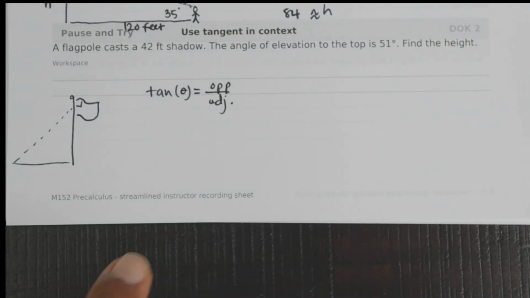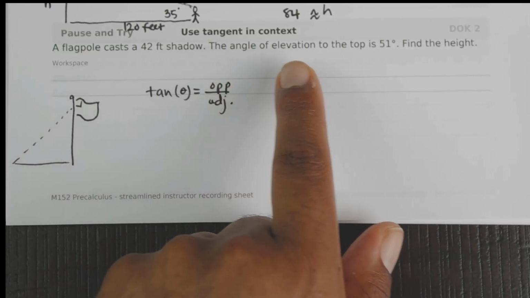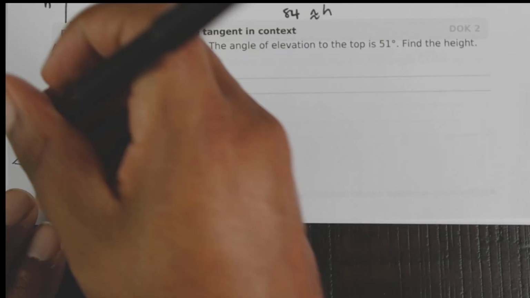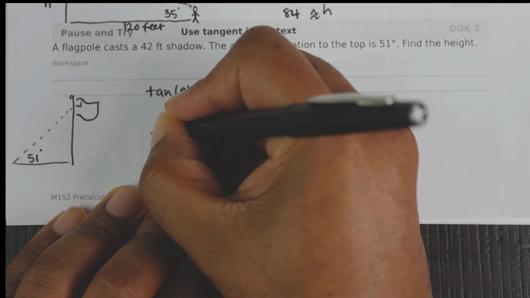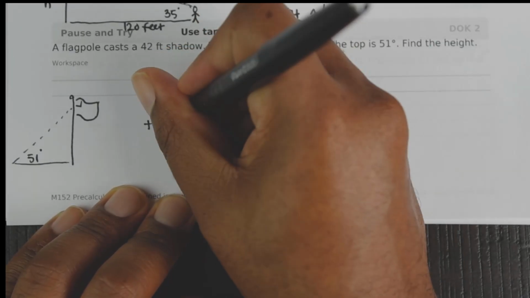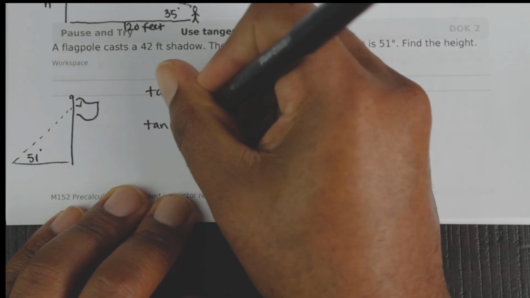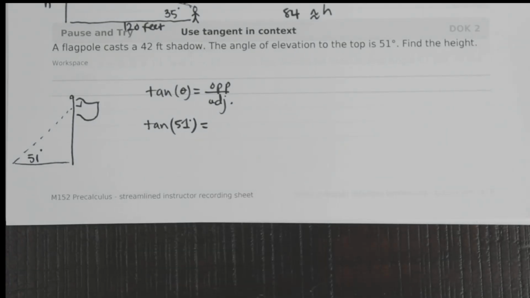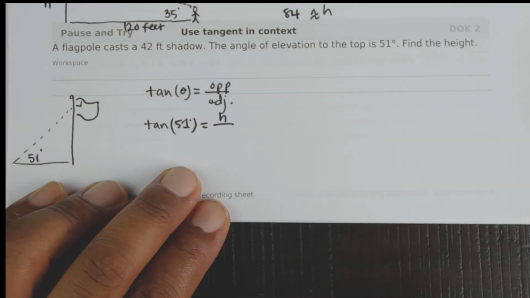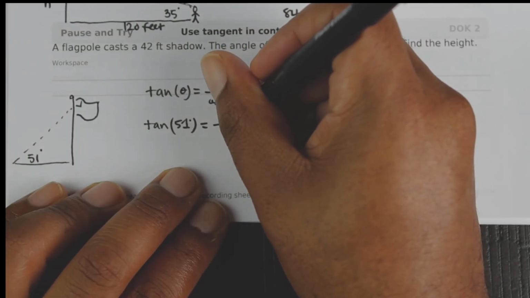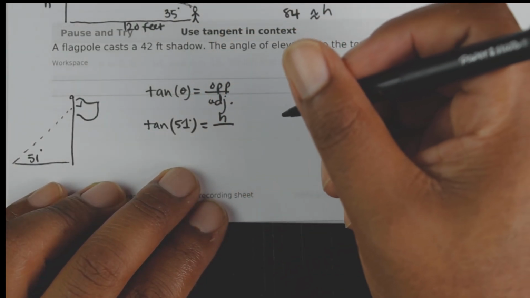So the way that would look is we have the angle of elevation to the top is 51 degrees, and the flagpole has a 42-foot shadow. That 42-foot shadow would be the adjacent. We don't have the height yet, so we don't have the opposite.